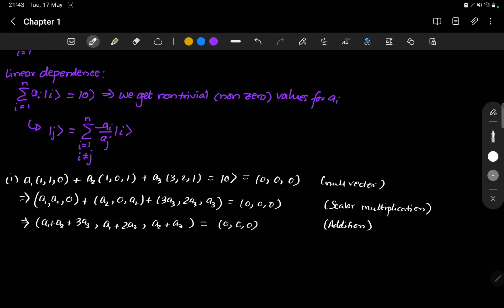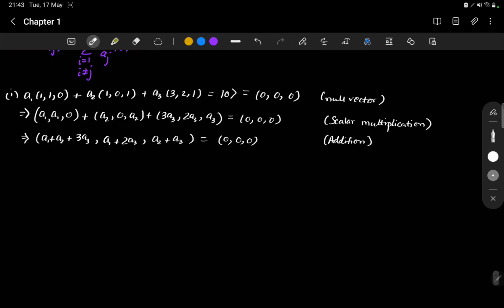So finally we get the system of equations as a1 plus a2 plus 3a3 equal to 0, a1 plus 2a3 equal to 0, a2 plus a3 equal to 0. So from the above equation we get this system of linear equations in 3 variables.